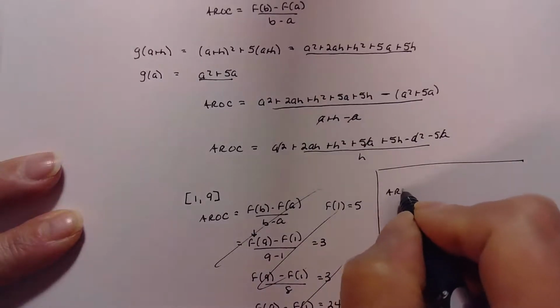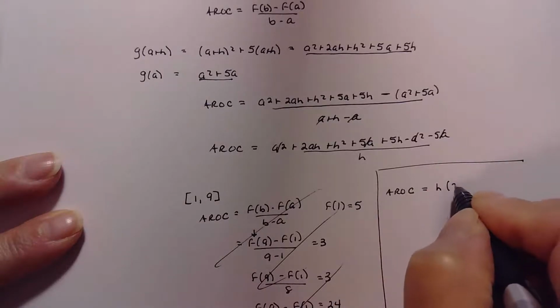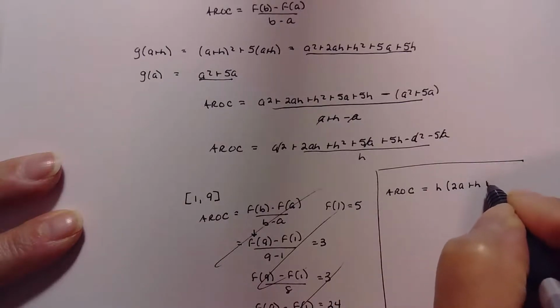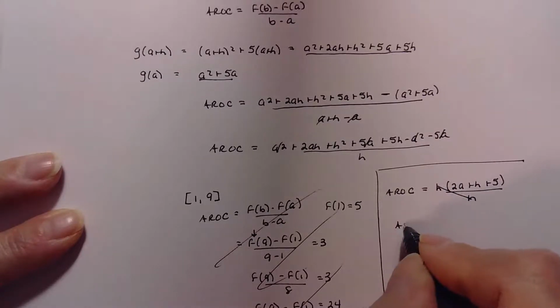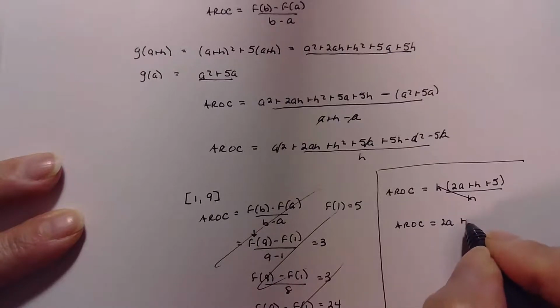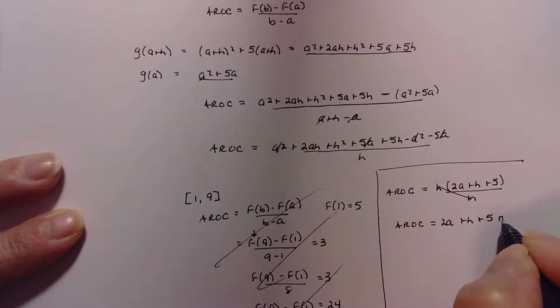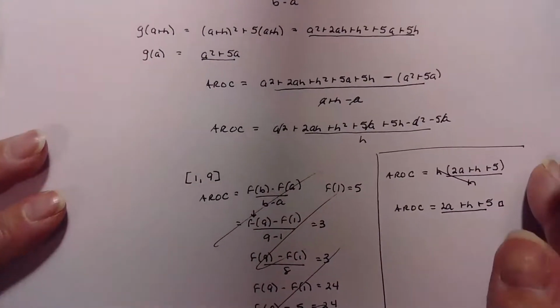So the average rate of change, and I'm going to factor out an h in the numerator, is h times 2a plus h plus 5 all over h. The h's cancel. So our average rate of change is just 2a plus h plus 5. That's the end of that. There's your answer, okay? It's an expression.